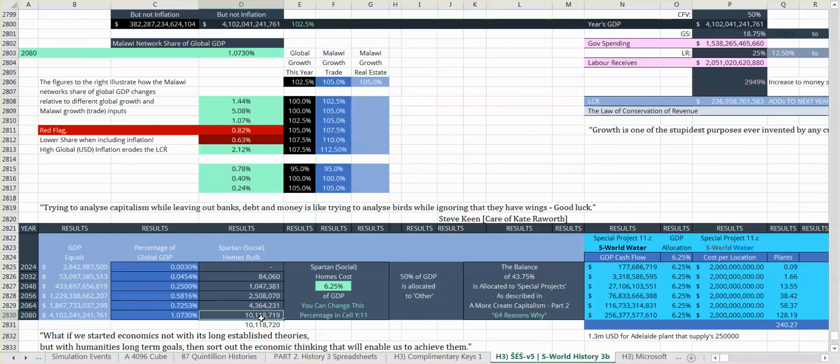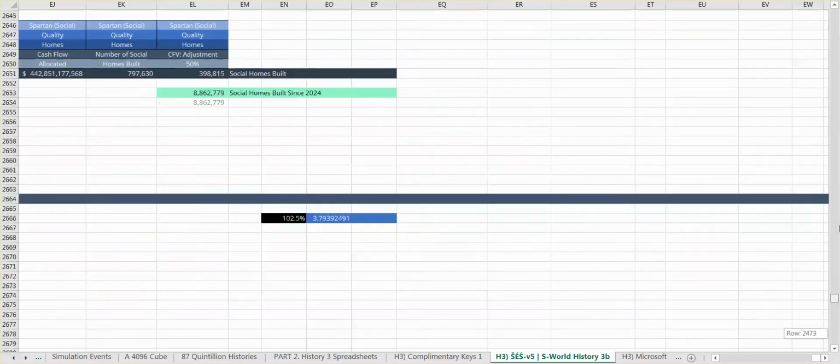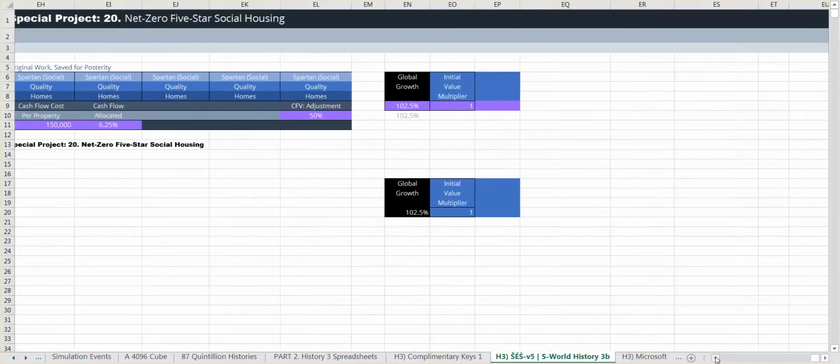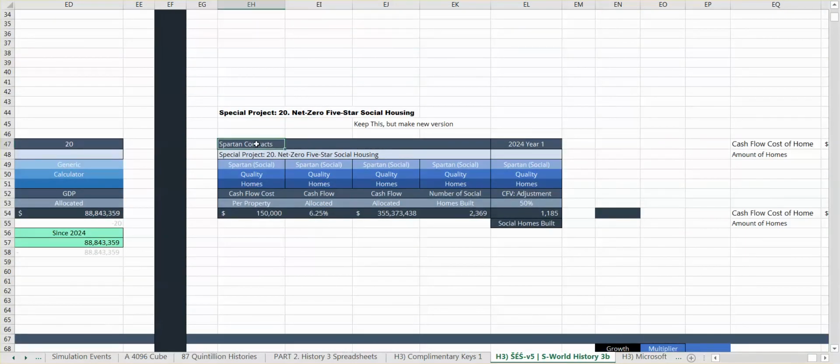Let's see where that figure came from, because that's important. We're going all the way over to the right-hand side of the spreadsheet, and all the way over to the top. Then we're just coming back a little bit here, but I'm going down to here.